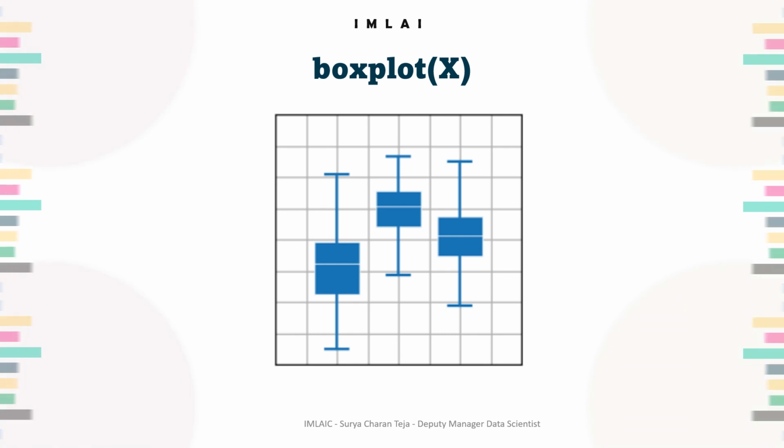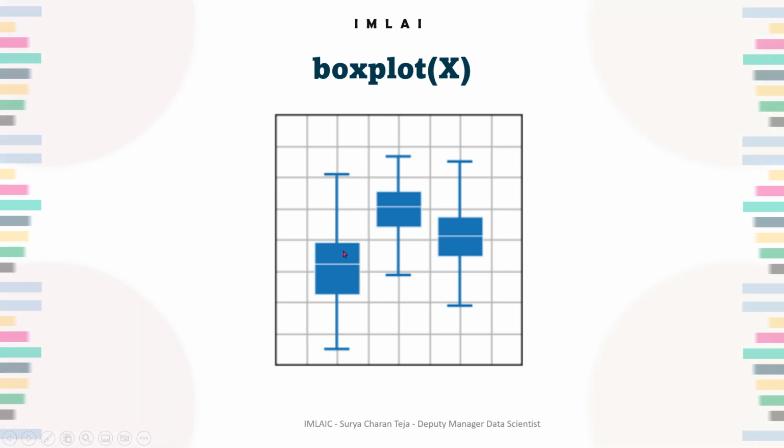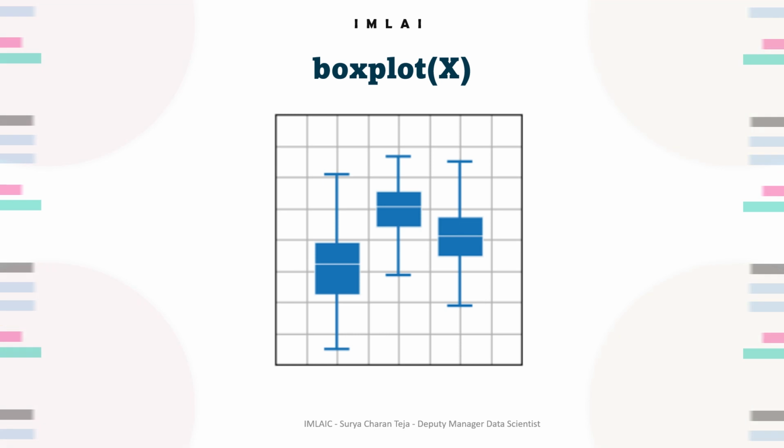And then we have the third quartile, the value above which the upper 25% of the data are contained, or the value below which the total 75% of the data are contained. That's what is called the third quartile.